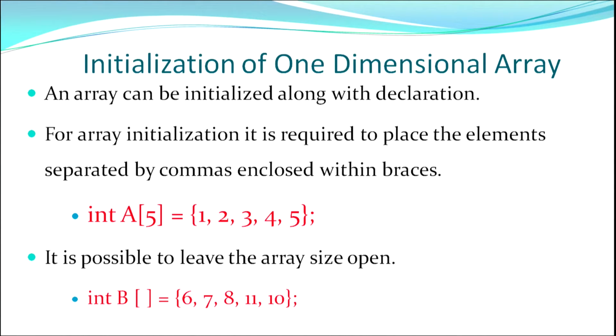In this example I have 5 elements, that is 6, 7, 8, 11 and 10, so array B is given the size 5. That means the memory is allocated according to the 5 elements with which the array is initialized. So, these are the two ways in which arrays can be initialized.